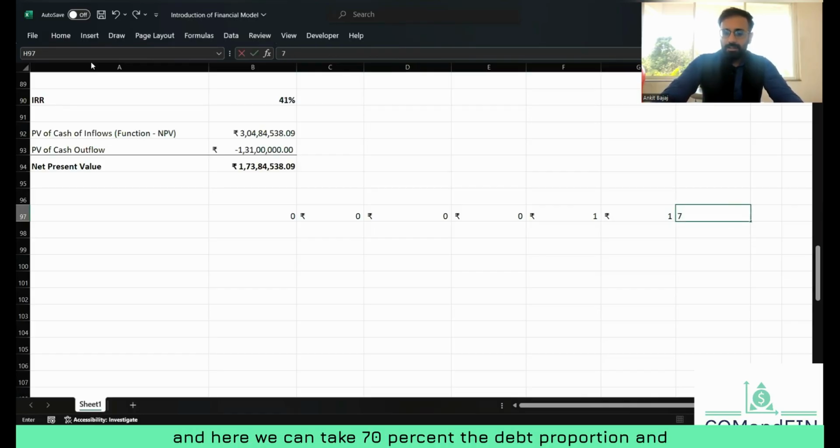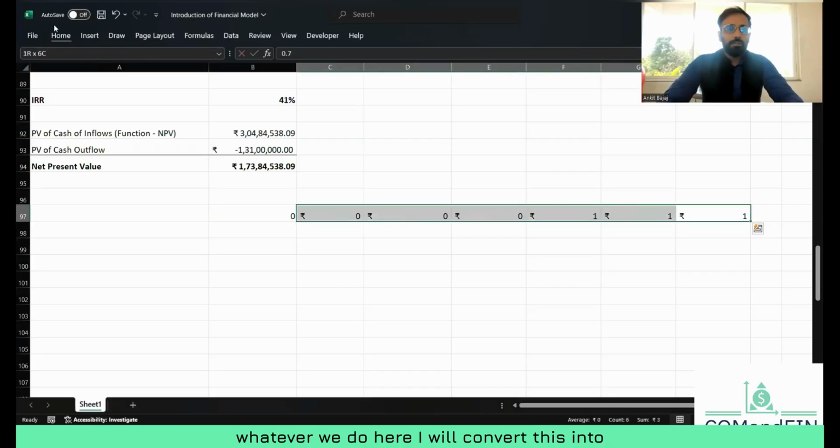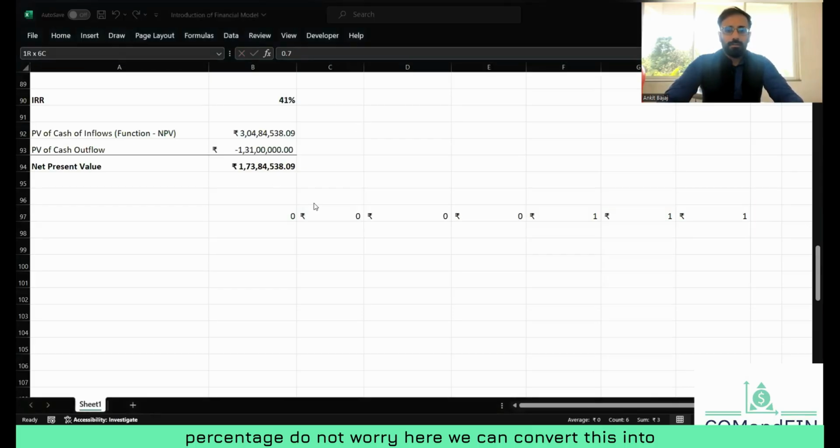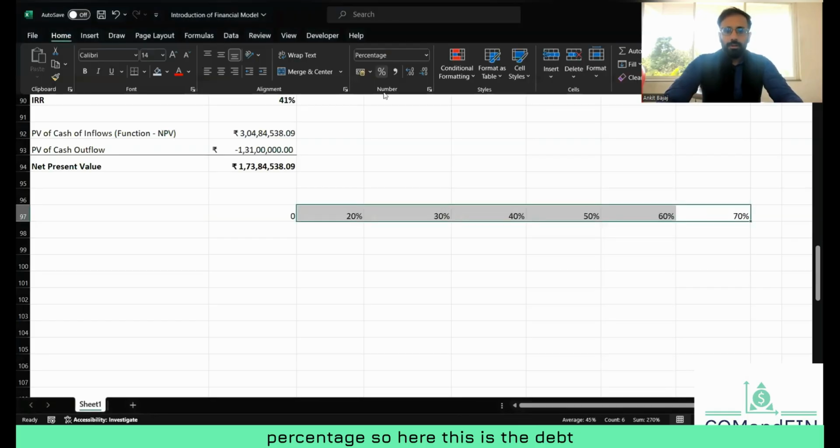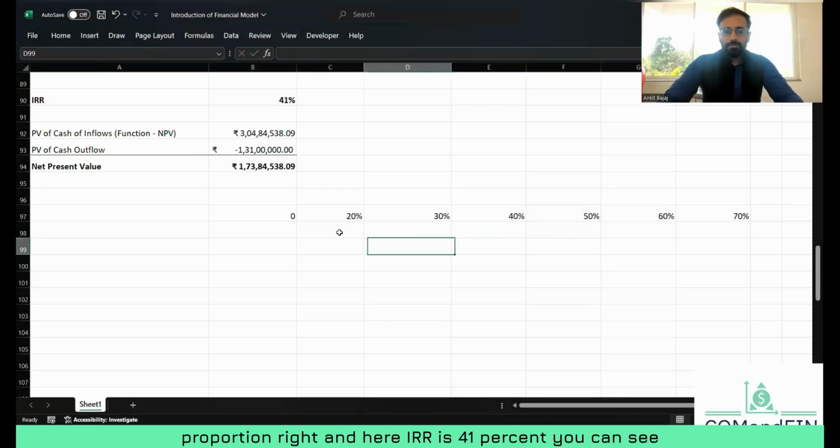And here we can take 70% as the debt proportion. I will convert this into percentage. Do not worry. So this is the debt proportion, and here IRR is 41%.